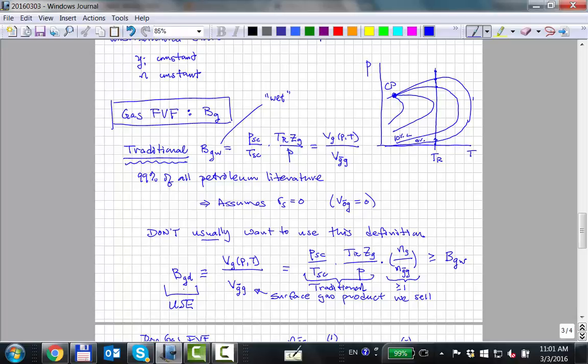So this assumption for the traditional Bg becomes correct. You convert what really becomes surface oil into an equivalent gas, add it together with what becomes surface gas, and you use this wet gas equivalent. And in that case, this equation is correct.